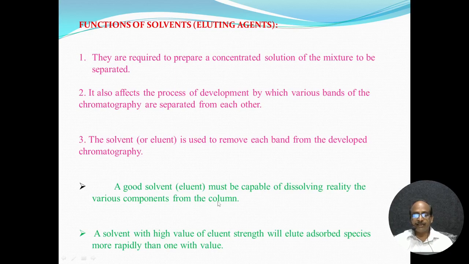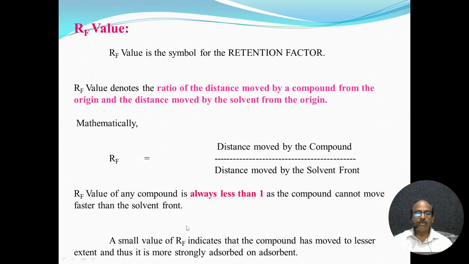The components present in that particular column must be detected. Another important thing is a solvent with a very high value of eluent strength, which will desorb the species more rapidly than one with a lower value.